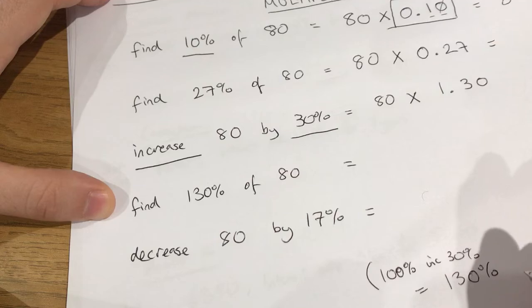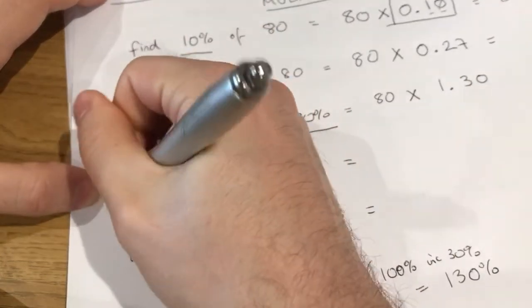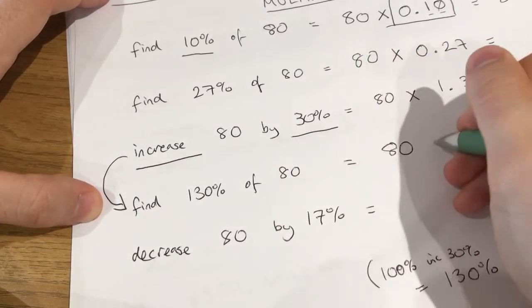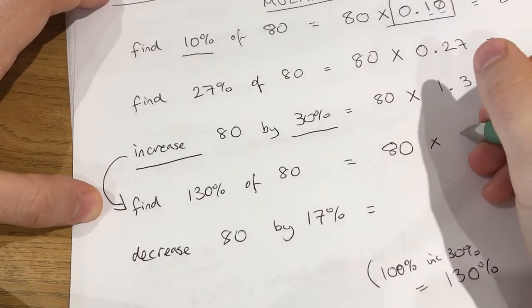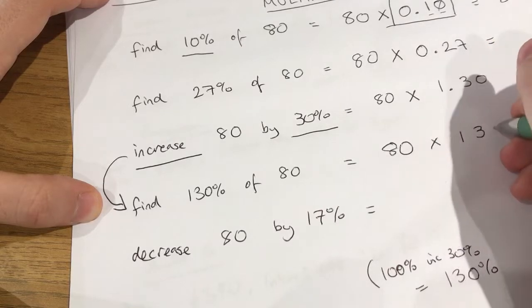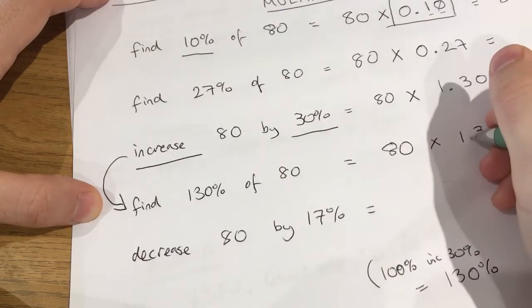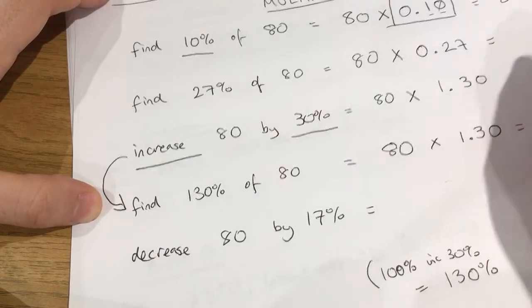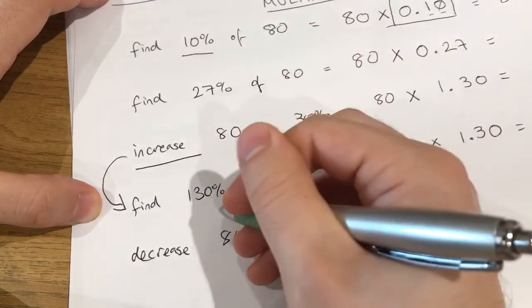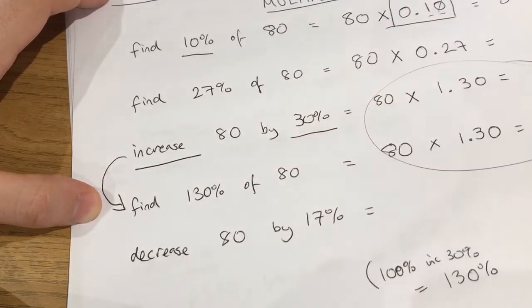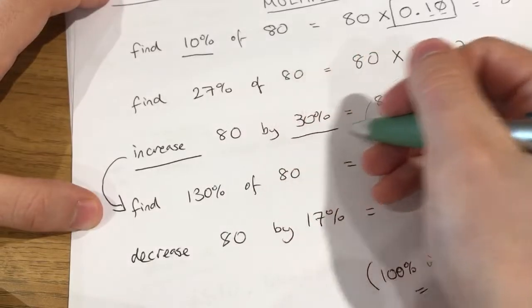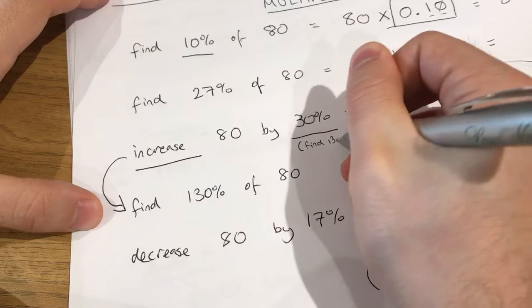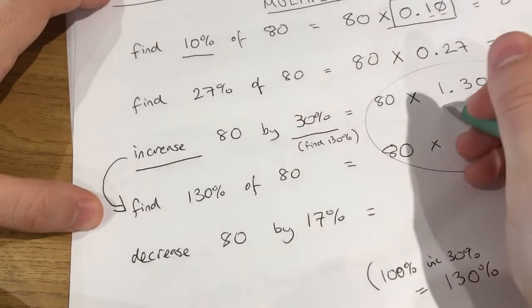So increasing by 30% is the same as finding 130%. 80 times the equivalent of 130%, divide 130% by 100, we get 1.30. So these two things are identical: increase by 30%, find 130%. Same thing. So sometimes when I get a question, increase 80 by 30%, I'm just writing in brackets find 130%. And that helps me to remember I've got to times by that.